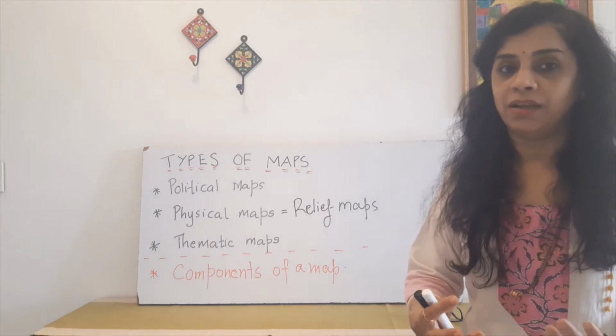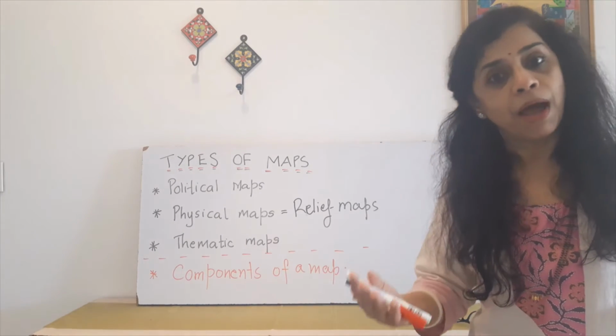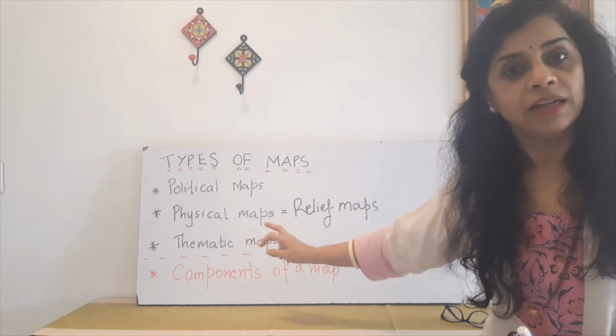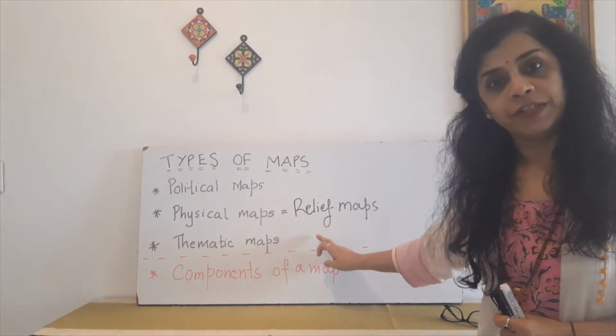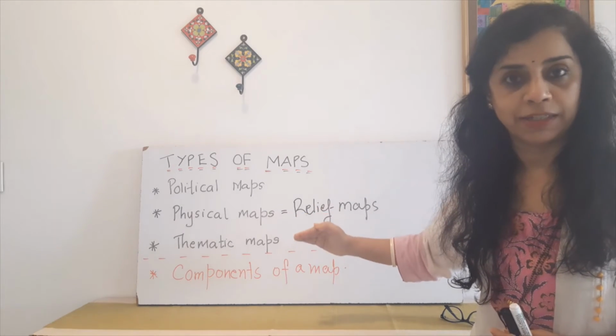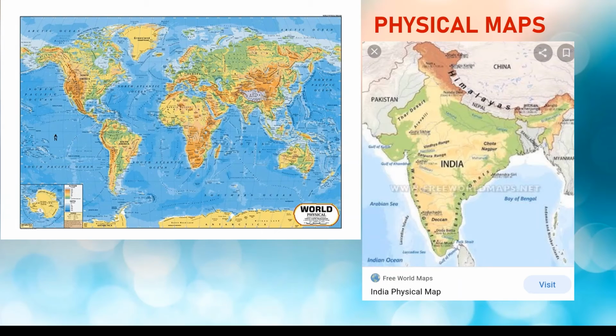For example, green represents low elevations like plains. Browns show high elevation like mountains. Blue stands for water. So colors are very important in a physical map or a relief map. It shows you relief, topography of a place, that is the elevation of an area. A physical map shows the Earth's natural features like mountains, valleys, rivers, plains, deserts, oceans, and so on. It shows elevation of land.